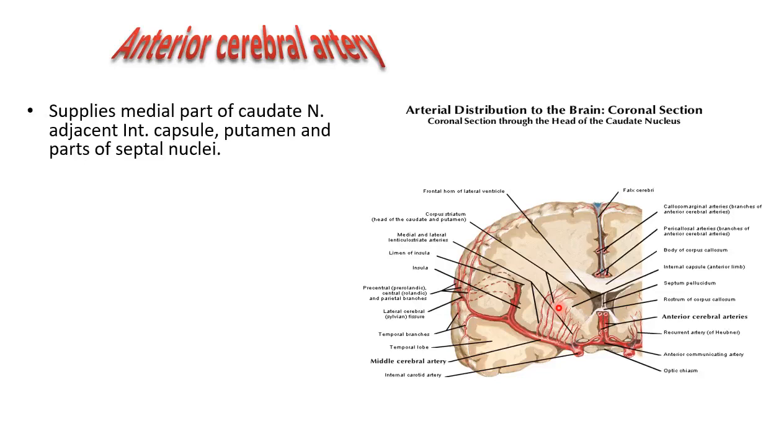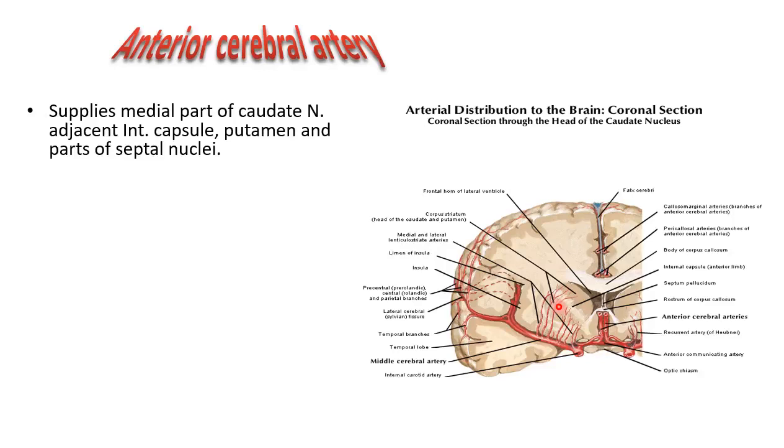Caudate nucleus and putamen form one functional unit. So mainly it supplies the medial part of the caudate nucleus, putamen, and septal nuclei.